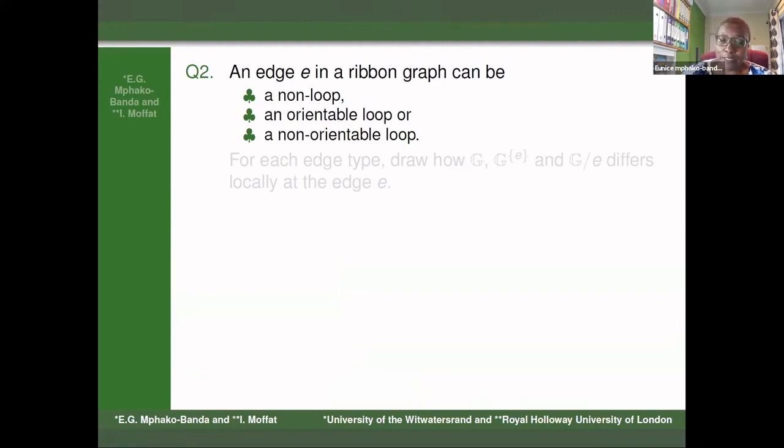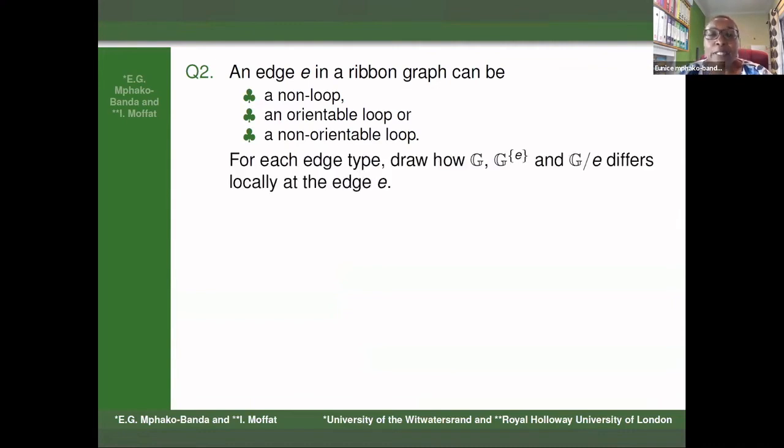So for each of them, can you try to draw the ribbon graph G, the partial dual of G with respect to E, and G contract E? Can you draw the 3 graphs and see how they differ locally at the edge E?